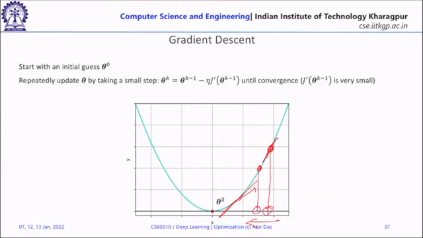Now, when you are here, if you want to take a long step, you can actually go here. So it can diverge actually. If you go here, you are missing the minimum. So that can be a problem if delta theta is high, because then you cannot ignore the higher order terms. You can only ignore them if delta theta is small.